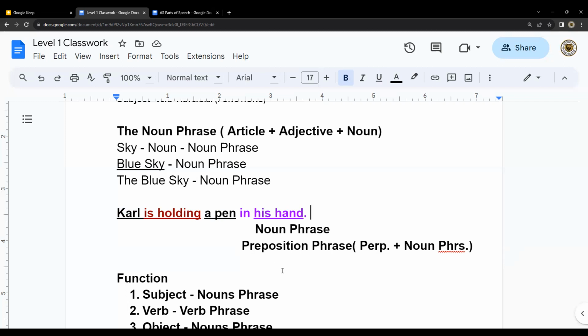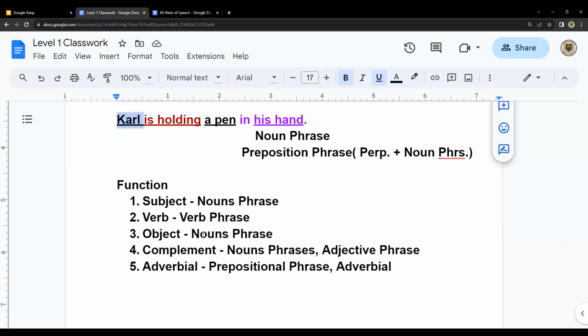And what I want you to look at is the noun, right? So in this case, the noun Carl, ¿cuál es la función? Subject. Is the subject. Tenemos otro noun, a pen. What is the function? Object.